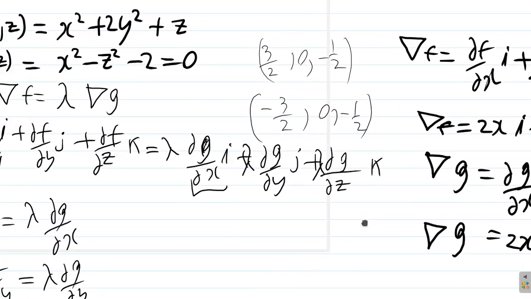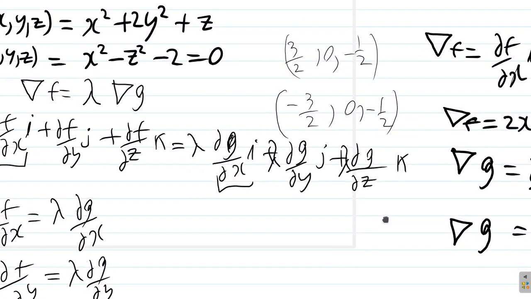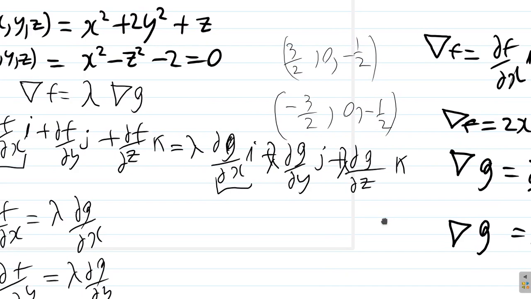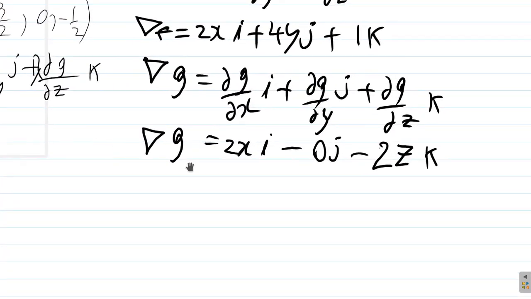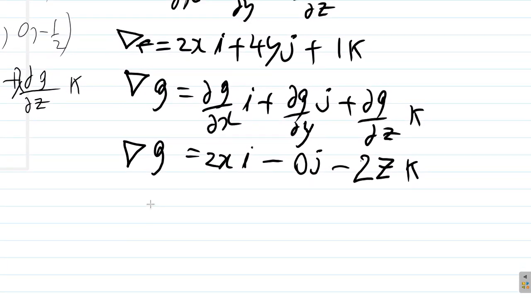Now, rewriting the formula, nabla f equals lambda nabla g. So nabla f is equal to lambda times nabla g.